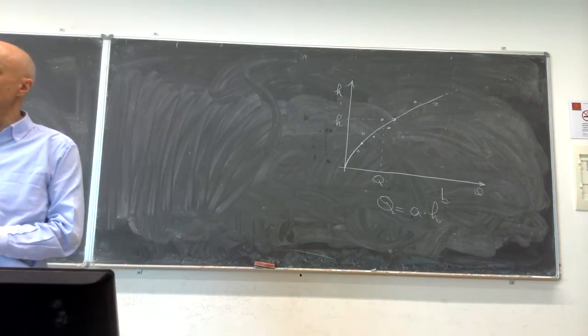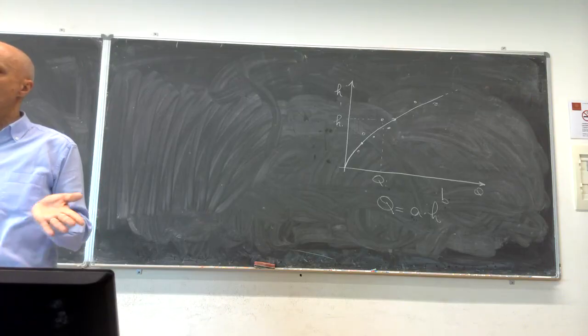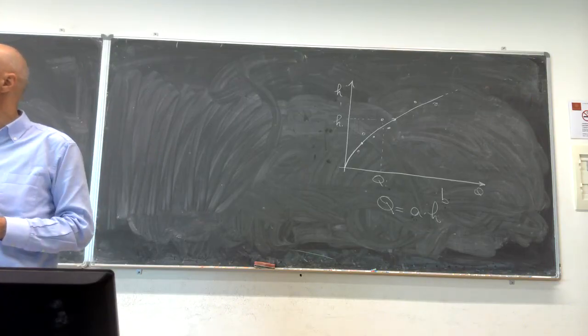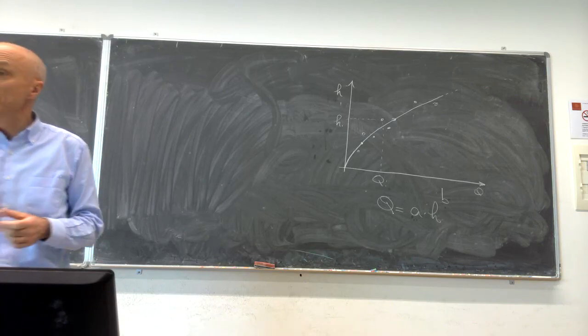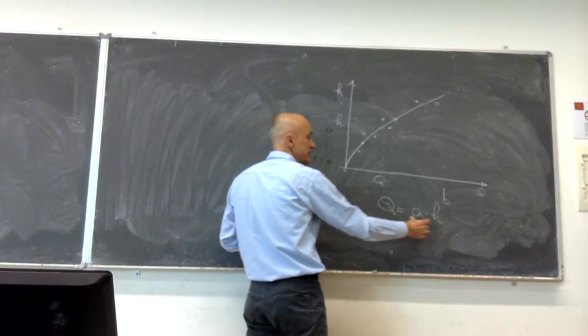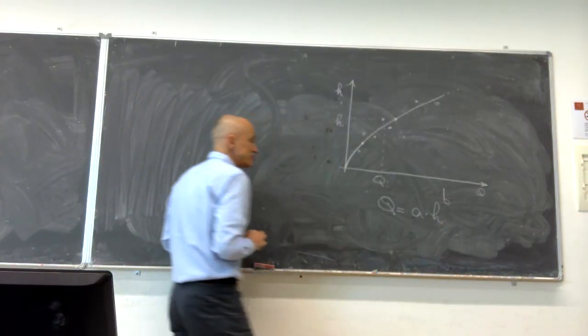With the log transformation. If you apply log transformation here and you apply log transformation here, you obtain something like this. Log of Q is equal to log of this quantity, no?